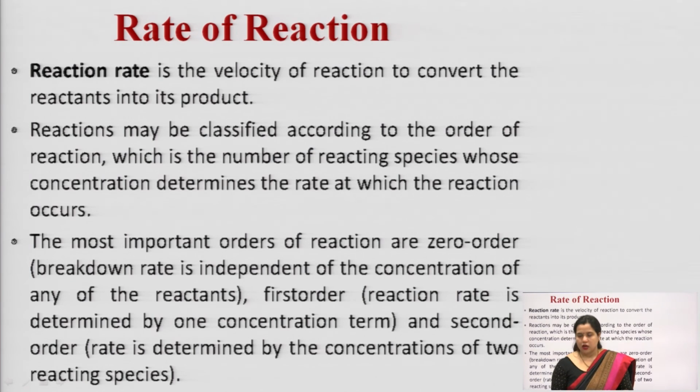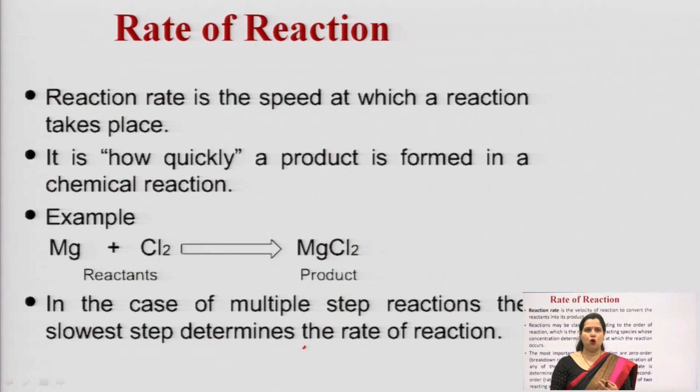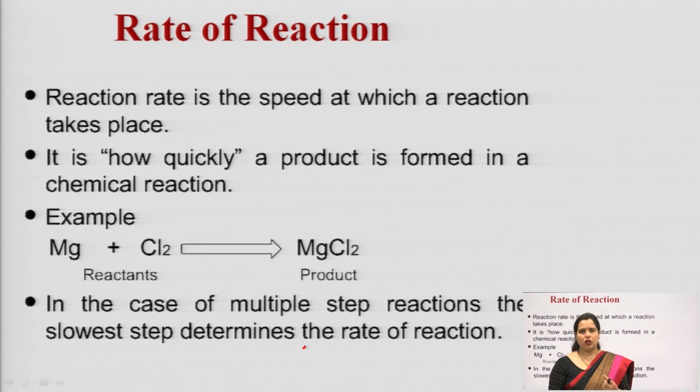After this, the rate of reaction. What is the rate of reaction? It is the speed or velocity of a reaction to convert the reactants into product. This is how we identify the rate of reaction using zero order, first order, second order, pseudo orders. We have ample reaction orders depending on the constituents or number of reactants participating in the reaction.